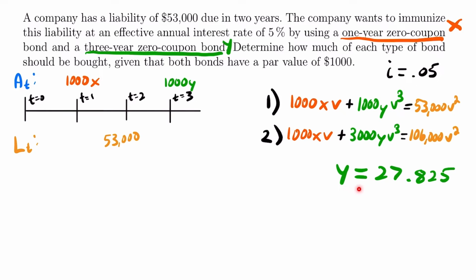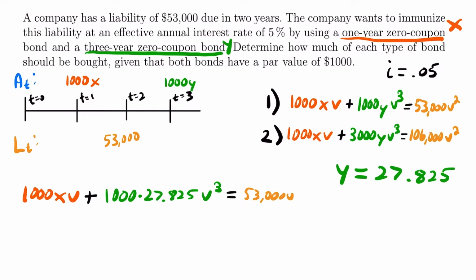Now that we know that y is equal to 27.825, we can use that value and plug it into one of these two equations to solve for x. Now I'm going to choose to plug y into this first equation here. So here's what we'll have. We'll have 1000x times v plus 1000 times y, which is 27.825 times v cubed, and that will be equal to 53,000 v squared.